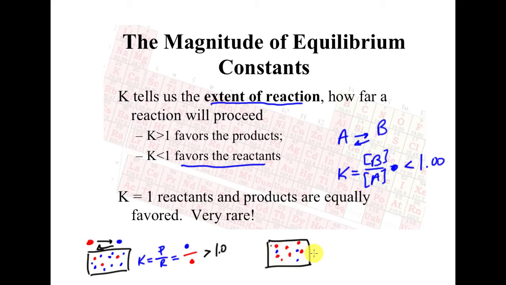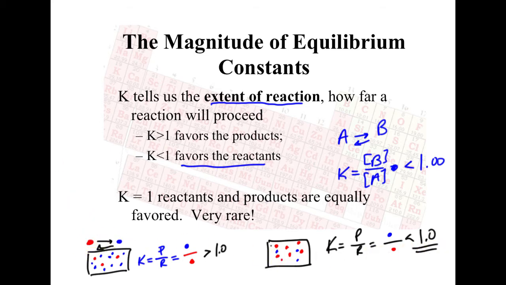Therefore, I would do the same thing: K is equal to products over reactants. In this case, A would be on the bottom and B on top. This is why we always do products over reactants. So which one do I have more of? Well, I have more of the red ones this time. So therefore, K would be less than 1.0, and we would say it favors the reactants that time.